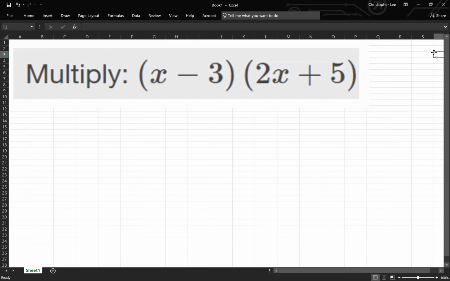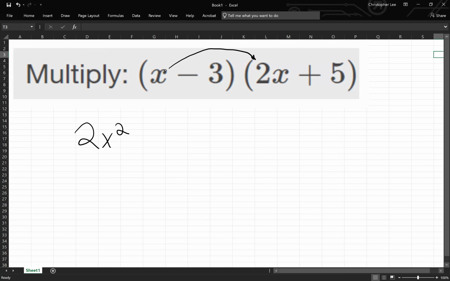Instructions here say to multiply, right? So what should I do? Tell me. Go ahead. Very good. All right, we can do FOIL. So x times 2x is what? 2x squared. Very good.